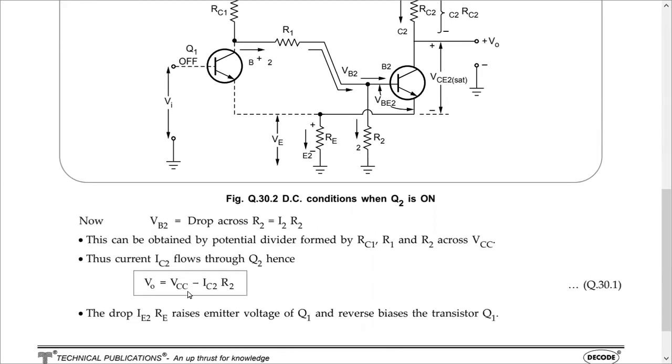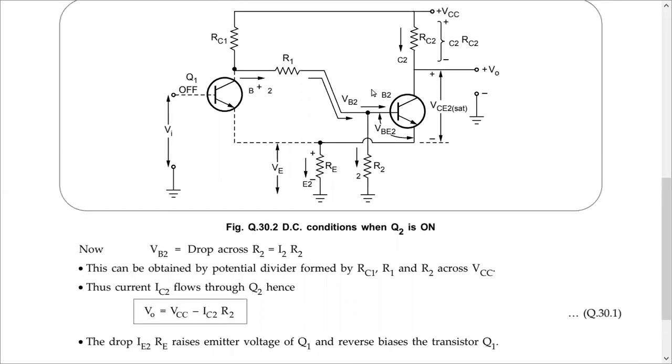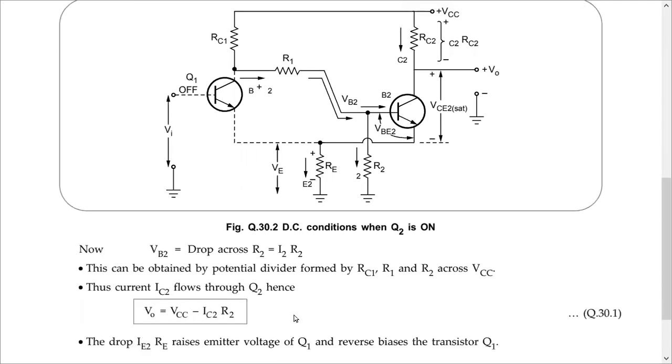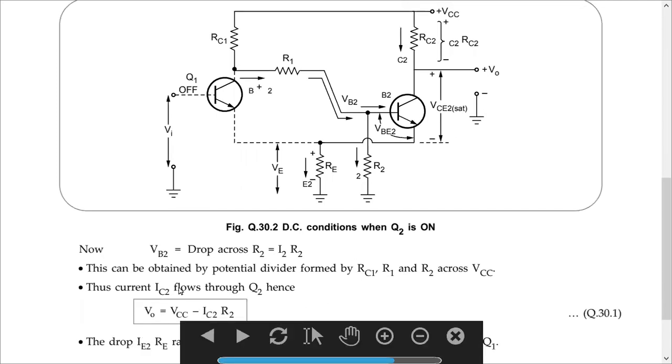This is printed wrong on the slide, so V0 is VCC minus IC2 into RC2, where this is RC2.